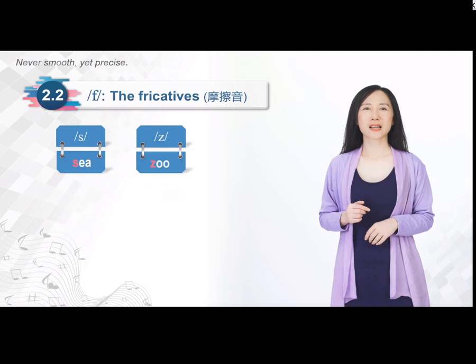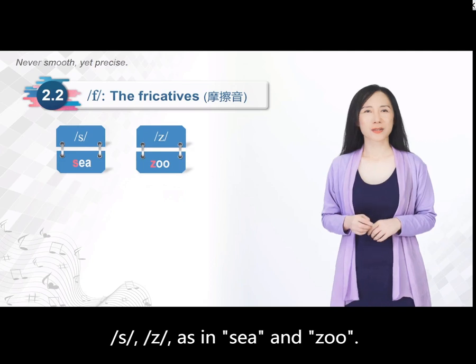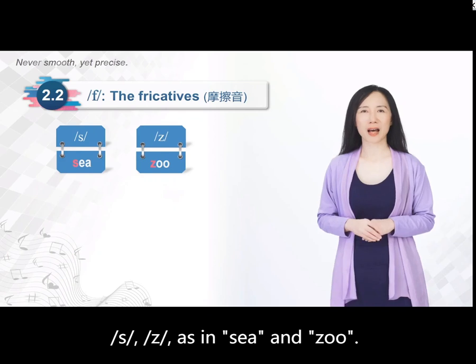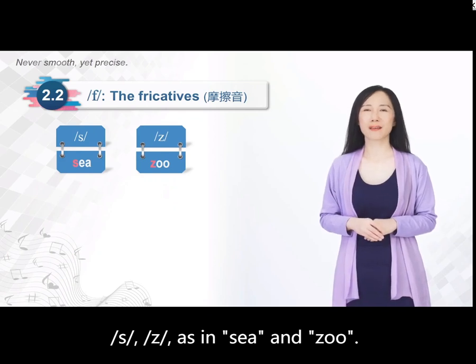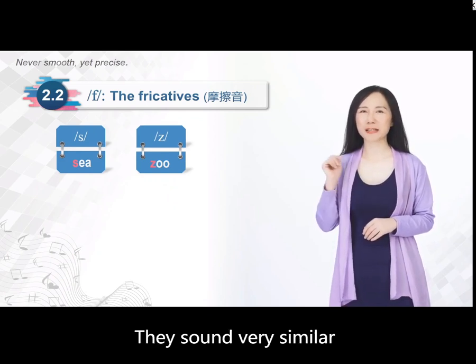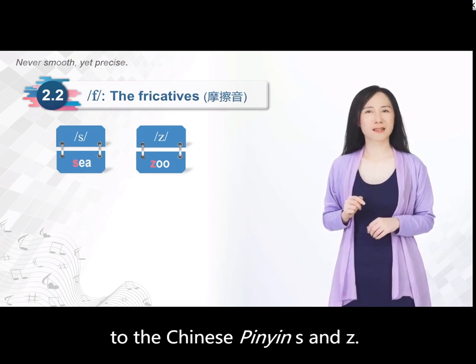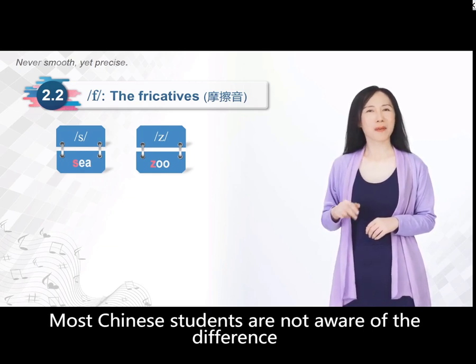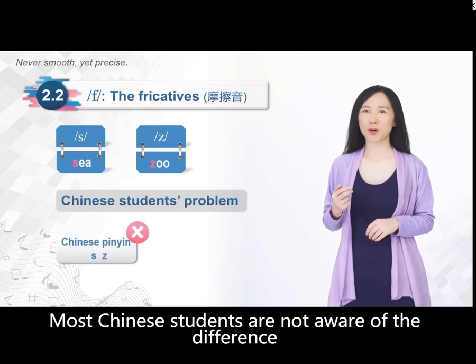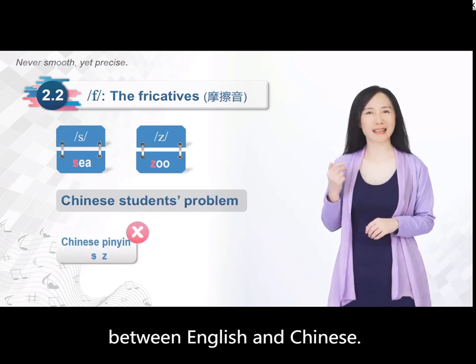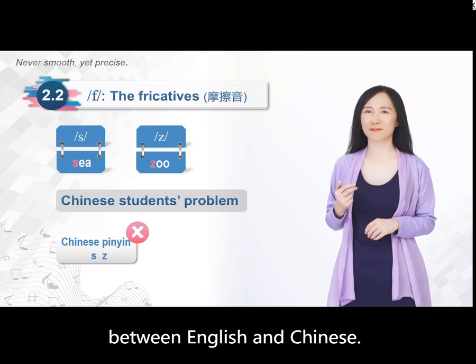s, z, as in see and zoo. They sound very similar to the Chinese pinyin, s, z. Most Chinese students are not aware of the difference between English and Chinese.